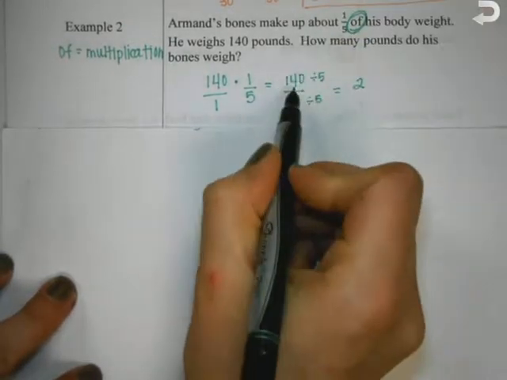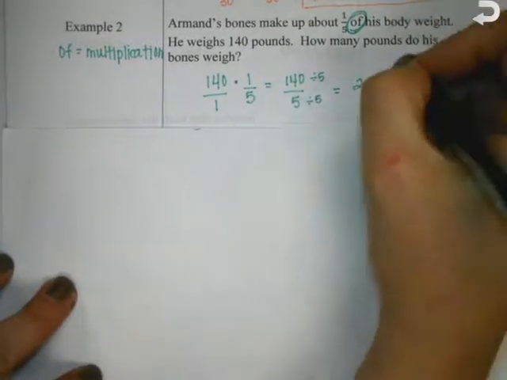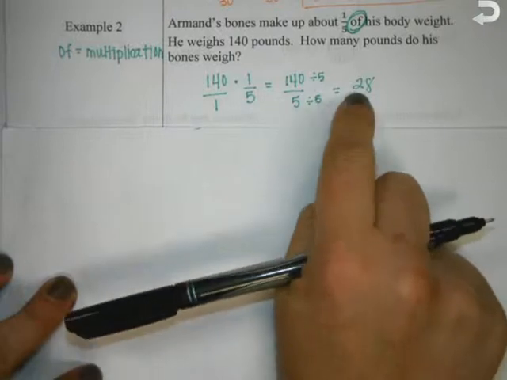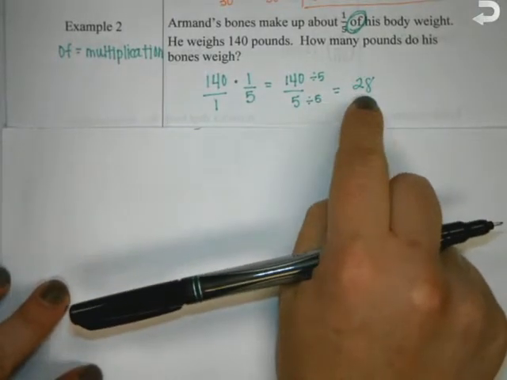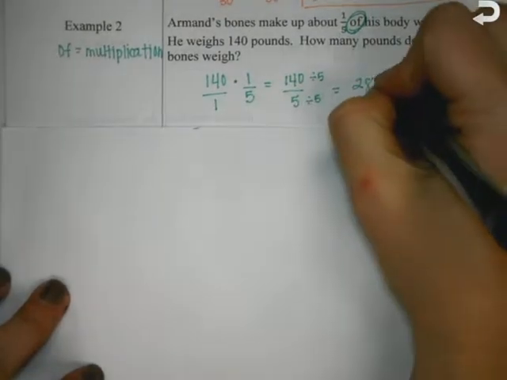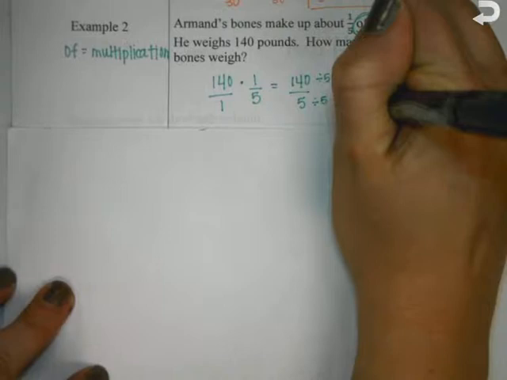And 5 goes into 40 how many times? 8. So 28. 5 divided by 5 gives me 1. So do I have to write it? Nope. So this is 28 what? Pounds. So lbs. His bones weigh about 28 pounds.